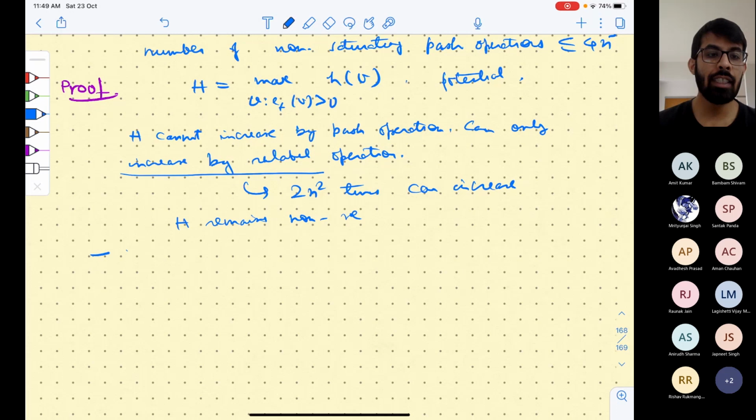So H increases 2n square times, and I'm saying that H can change at most 4n square times. Why? So it can increase or it can decrease, right? If it decreases also, it decreases by at least 1. So what happens if H changes more than 4n square times?